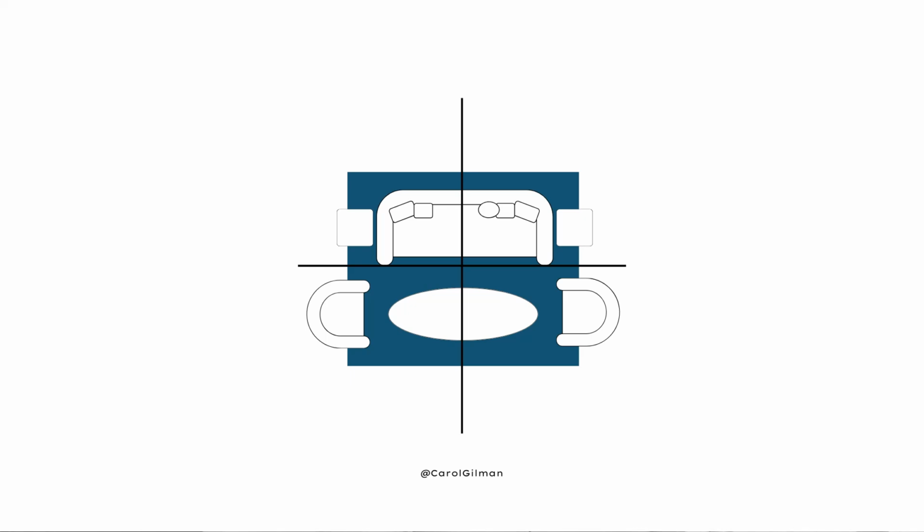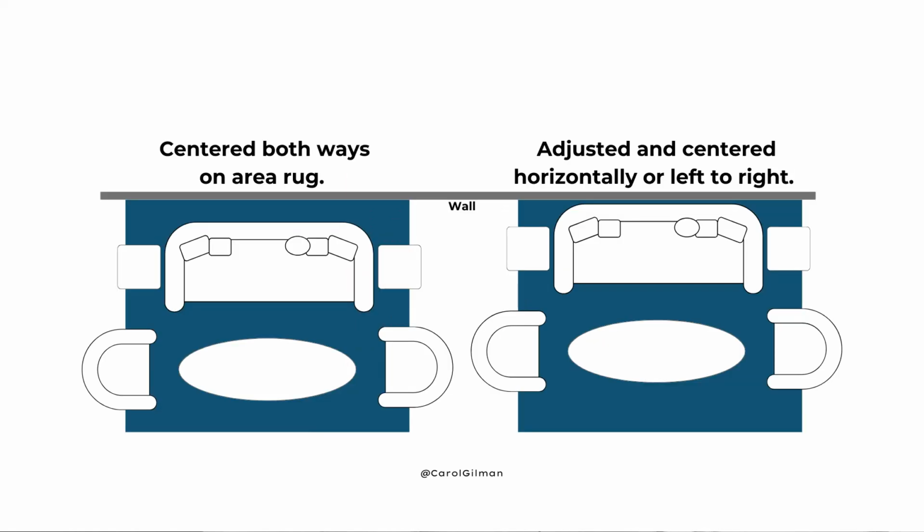And will this work all of the time? It really depends upon what furniture you have and how far apart everything is spaced. And you may have to make adjustments when you place that group of furniture on your area rug. One situation where it may not work would be, say you have an area rug that you want to place up against a wall and have your living room furniture arrangement on that area rug.